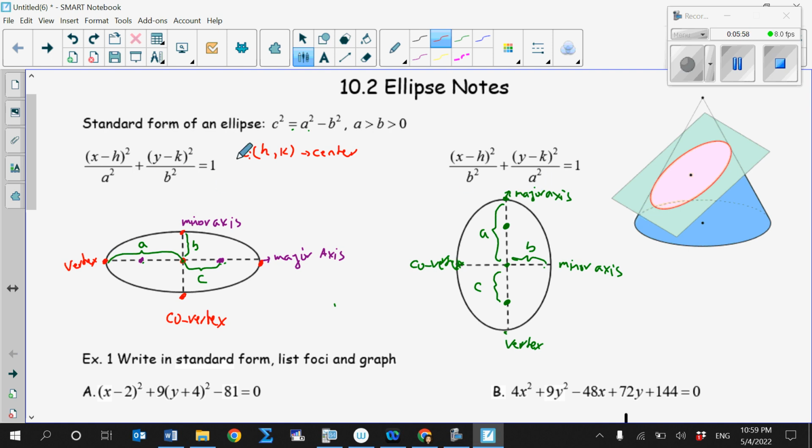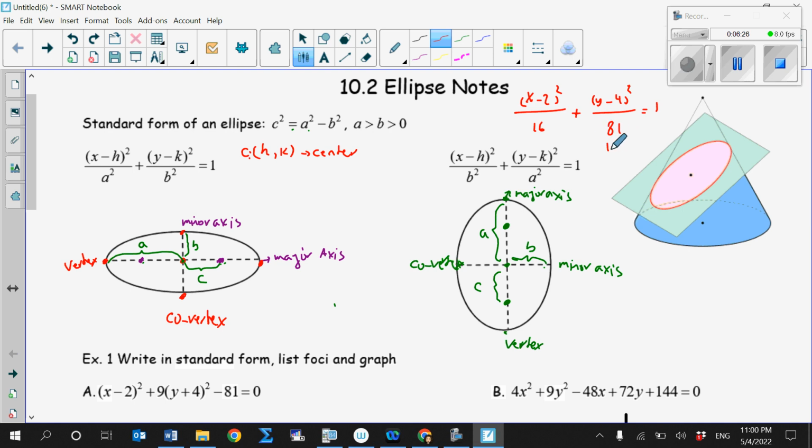So if I'm given an equation of an ellipse, how do I know if that's a vertical ellipse or horizontal ellipse? So let me show this to you. If I have (x minus 2) squared, let's say, over 16 plus (y minus 4) squared over, let's say, 81 equal to 1, you look at the bigger denominator.